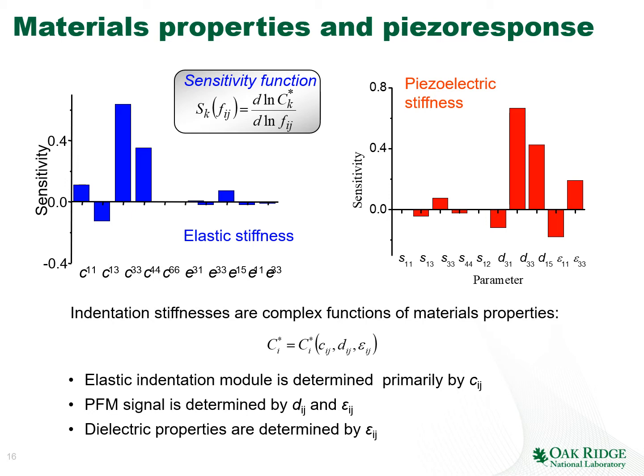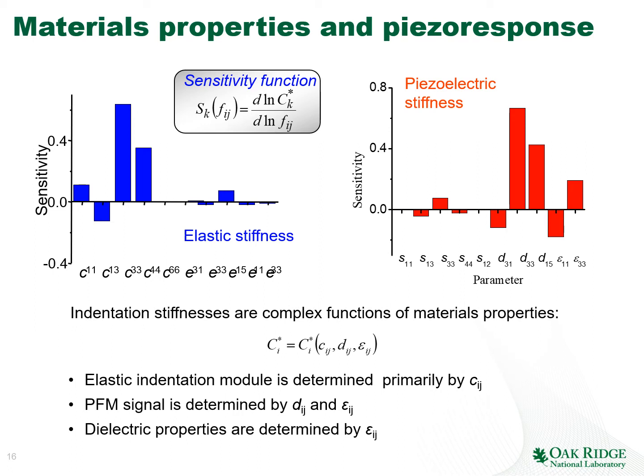It turns out that what we can do is to analyze the sensitivity of these parameters towards specific material properties. For example, we define the sensitivity as the logarithmic derivative of the indentation modulus versus the material parameter. And we look at, for example, the dependence of the indentation modulus on the elastic stiffnesses. And you can see that this dependence is pretty complicated.